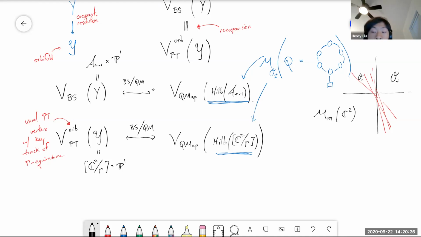And so this is exactly like the Hilbert scheme on C2, except instead of a rank 1 ideal sheaf, you think about rank M sheaves. Okay.